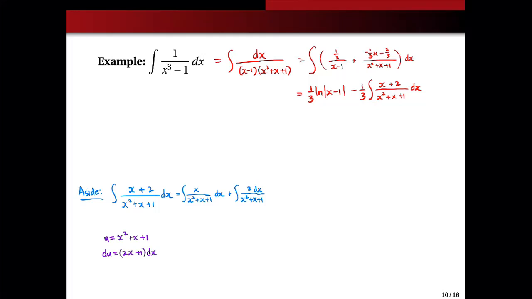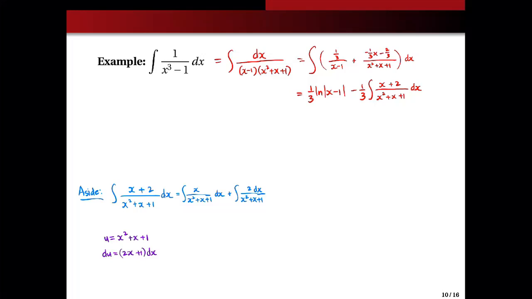Correct? But this guy here, it's just x. So from here, I will produce this 2x plus 1.